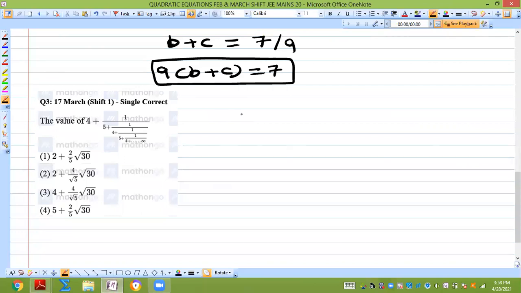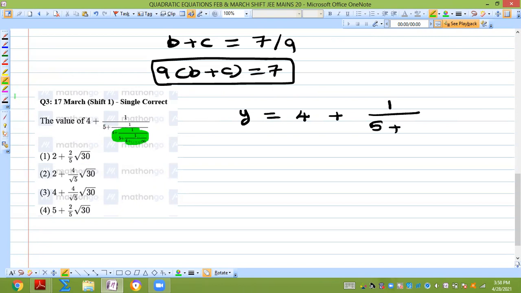In this given expression, y is equal to 4 plus 1 by 5 plus, and again this part is given as y only.